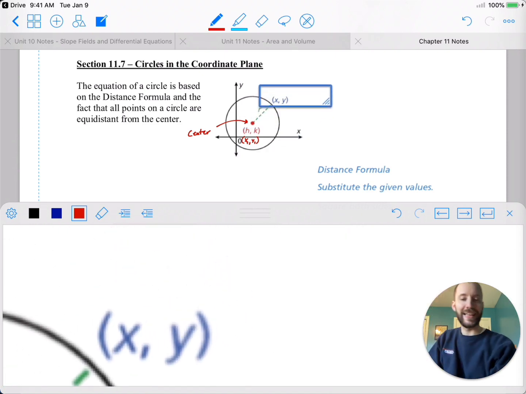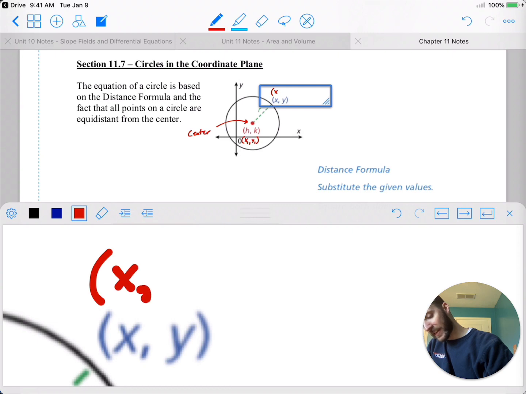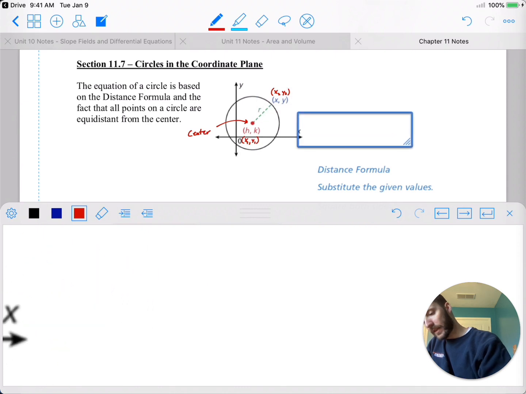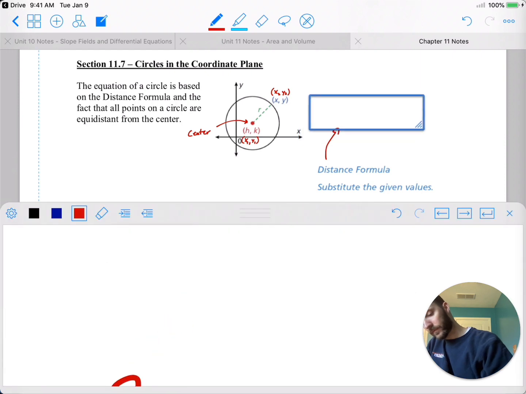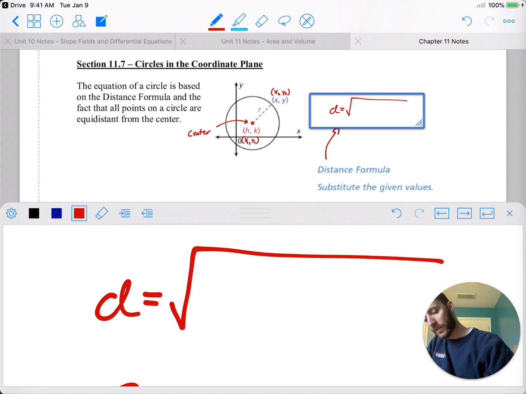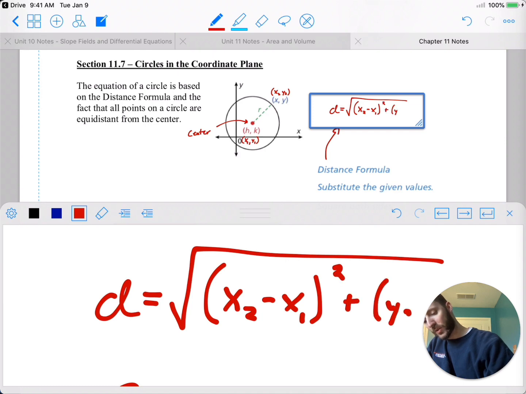A point on the circle, that is the radius away from the center, call that x2 and y2. Now you know the distance formula: distance is the square root of (x2 minus x1) squared plus (y2 minus y1) squared.